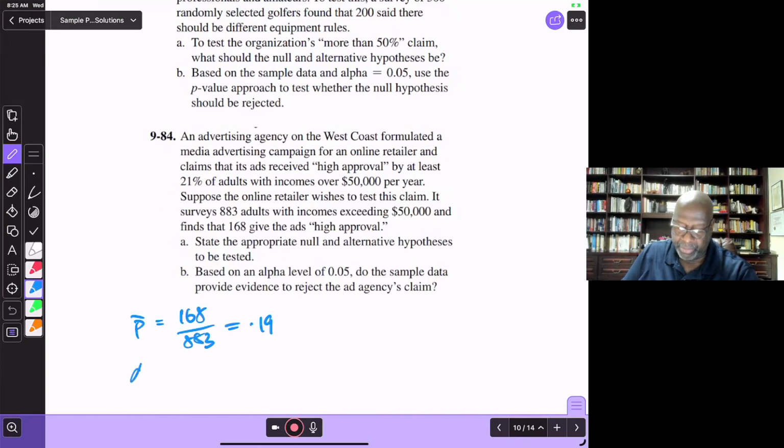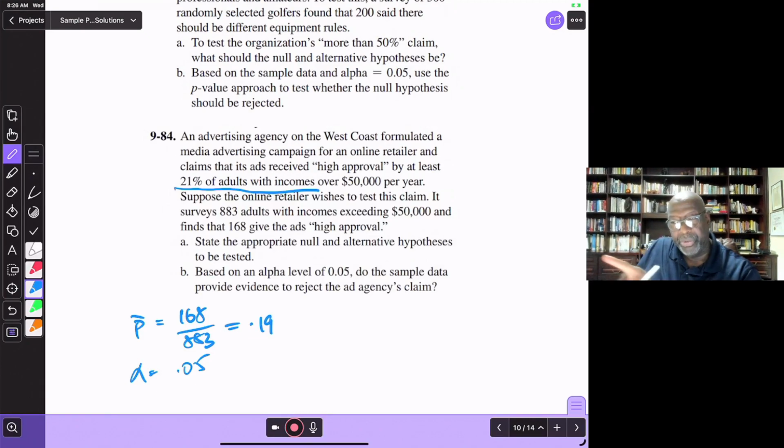Okay, we know our alpha is 0.05. If there's 5% in the tail, if it's a one-tail test, then what is our critical value? In this case, it is a one-tail test because we're trying to prove that at least 21% of adults actually give the ad high approval.